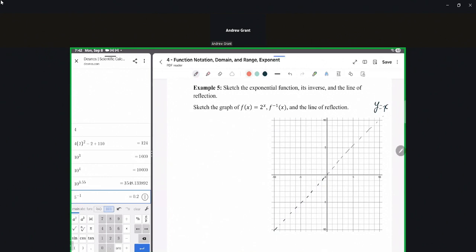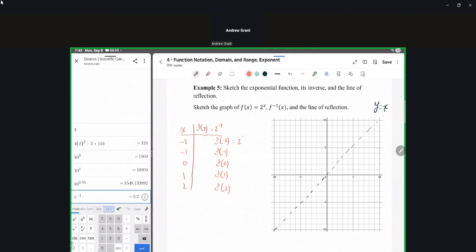For 2 to the power of x, we know the regular x values we choose are negative 2, negative 1, 0, 1, and 2. We want to evaluate f of negative 2, f of negative 1, f of 0, f of 1, and f of 2.